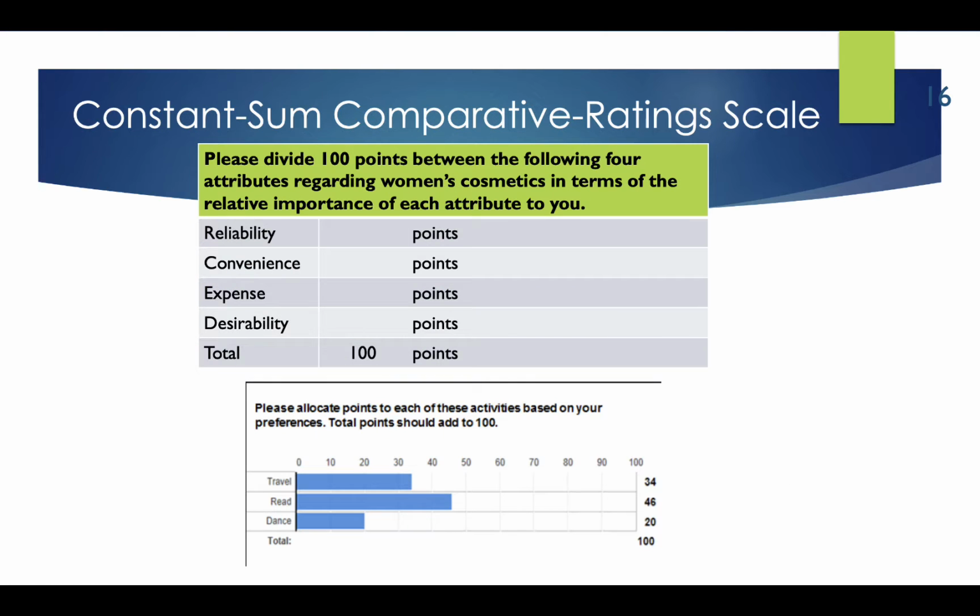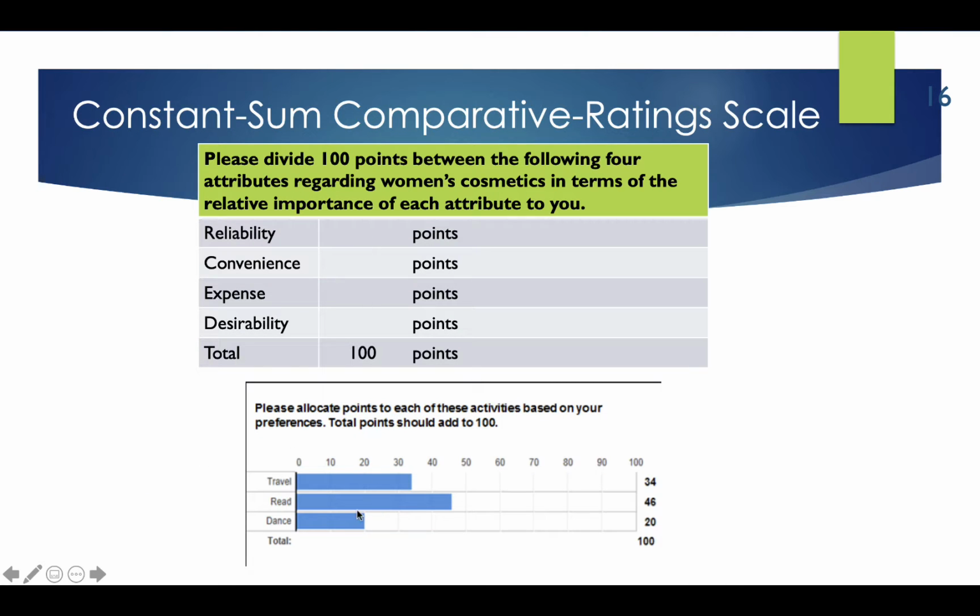Now, a constant sum comparative rating is where you have the person take each one of the responses and divide it by the number, in this case 4, in terms of where they believe the value should be. So: please divide 100 points between the following 4 attributes regarding women's cosmetics in terms of relative importance.